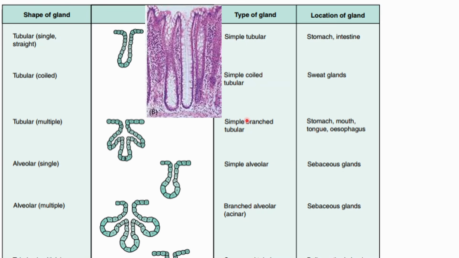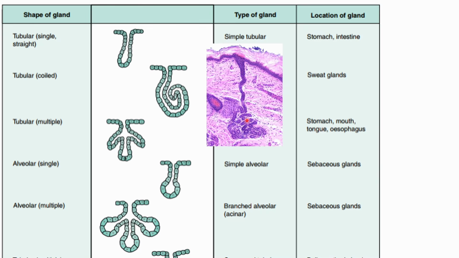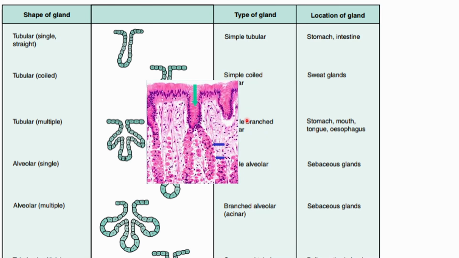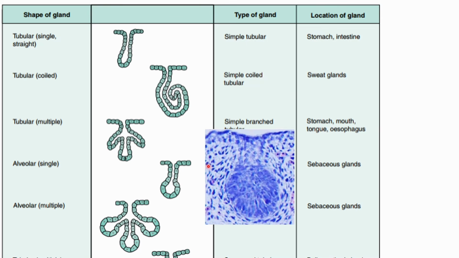Here are actual photos wherein you have a simple duct system, and you can see that the cellular morphology of the duct versus the secretory system is different. So simple, straight, then one, two, more than one. So branched tubular gland. It's very easy because you just describe what you are seeing, okay?